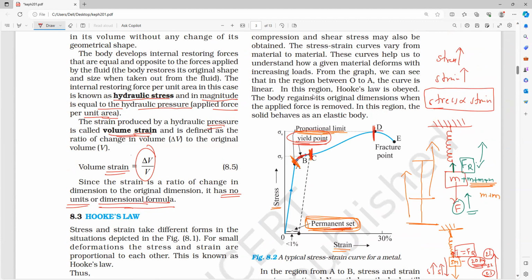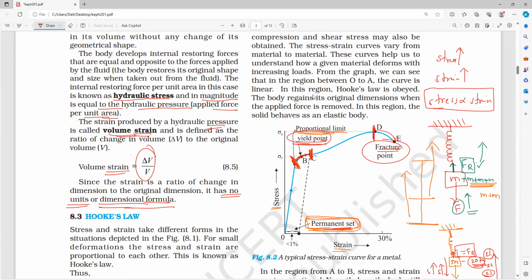Once I go more than that, you can see what is happening, everybody. What is the point here? Notice it. Fracture point. So point A and point D, both ways we call it the proportional limit. Up to here, what is the proportional limit? They can attain the shape back if you remove the mass.